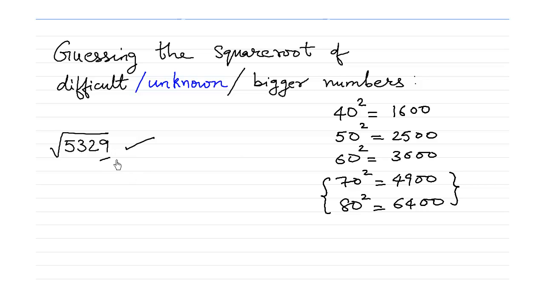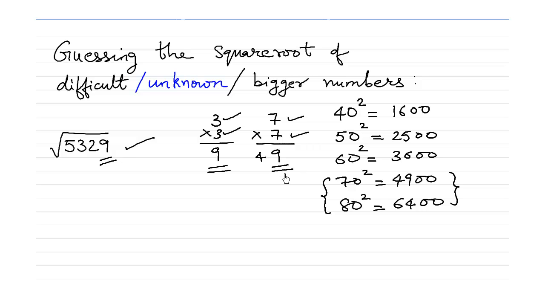Now comes the second part. The last digit of this number is 9. And we know that 3 threes are 9, then 4 fours are 16, 5 fives are 25, 6 sixes are 36, 7 sevens are 49. In this case, when the last digit was 3 or when the last digit was 7, we have 9 in the units place.